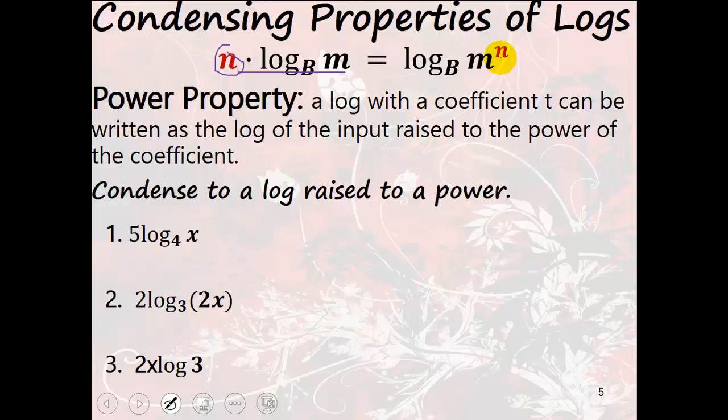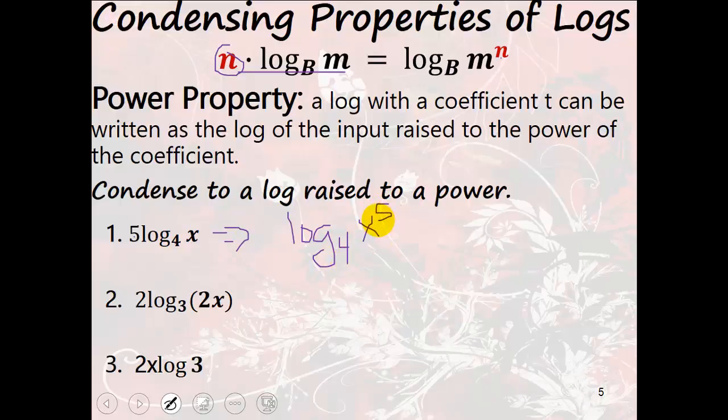Sometimes, particularly when we're solving, we will divide through if we have an equation, but it's good to know where it came from. So if I want to condense 5 times log base 4 of the input x, that's going to be log base 4 of the input x raised to the 5th power.